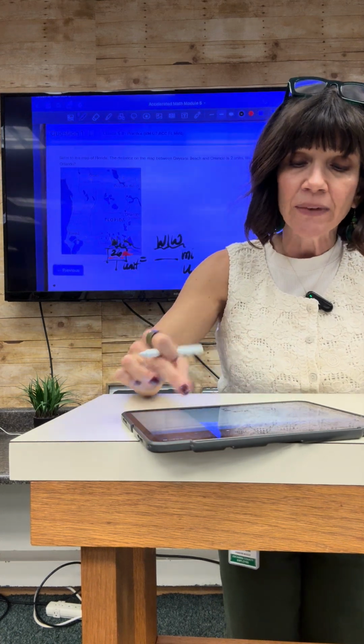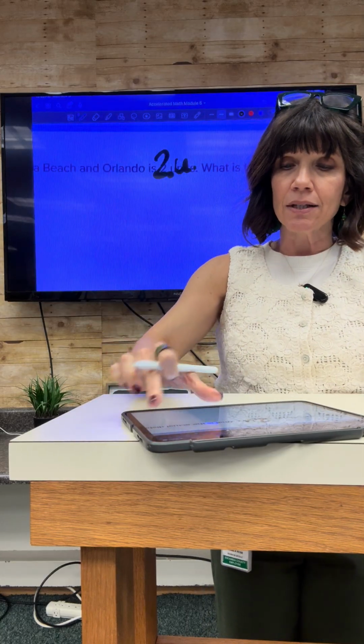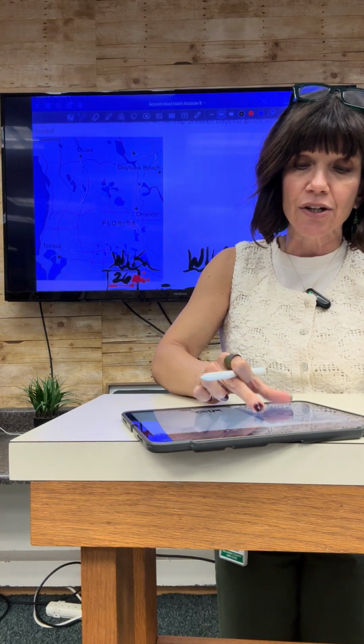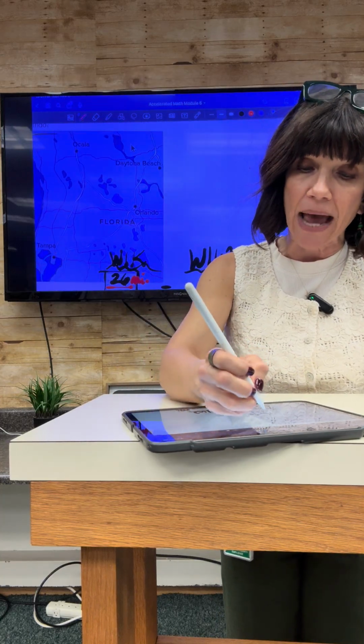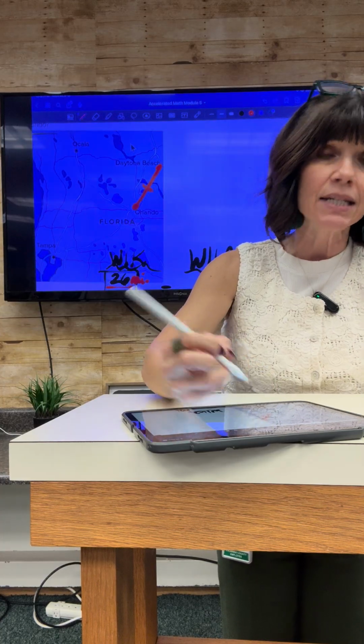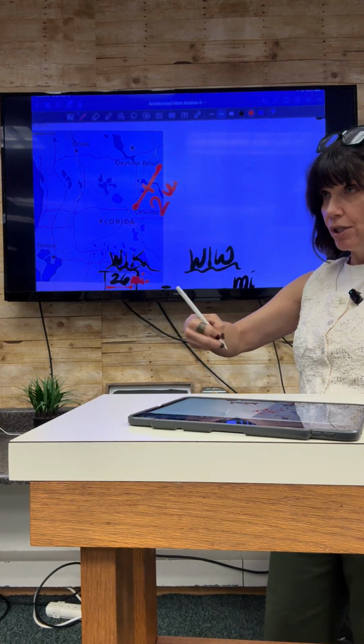Here's their question. The distance on the map between Daytona Beach and Orlando is 2 units. What is the actual distance between Daytona Beach and Orlando? Now notice, class, on the map, Daytona Beach, Orlando, they just explained that it is approximately 2 units long on the map.